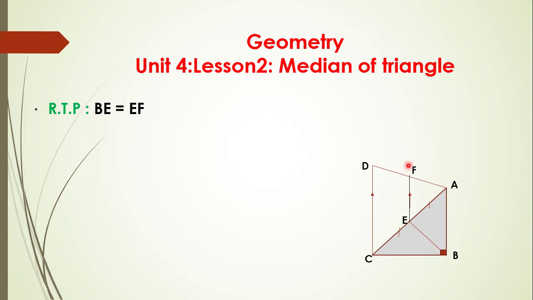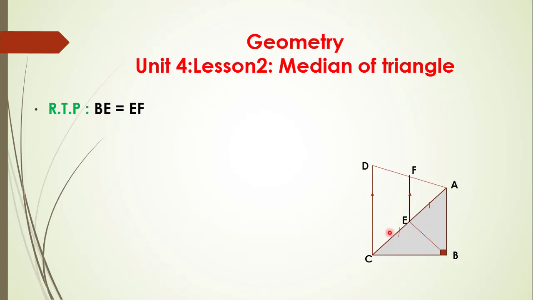Okay, at first let's look at the triangle ABC. This is the right angle triangle. So the length of BE will be half AC. We want to calculate the length of BE, then we will calculate the length of EF, and we want to know if they are equal.